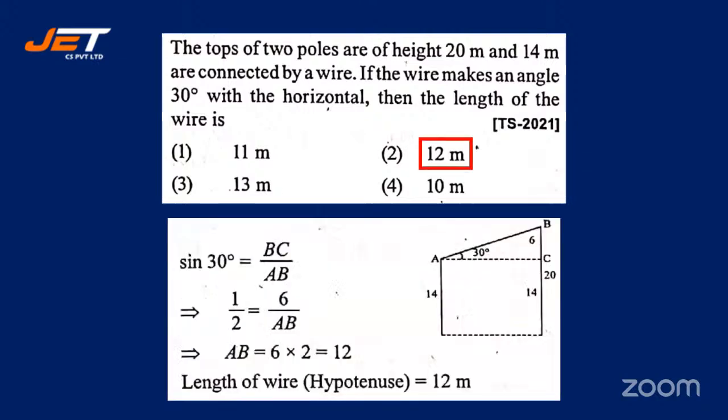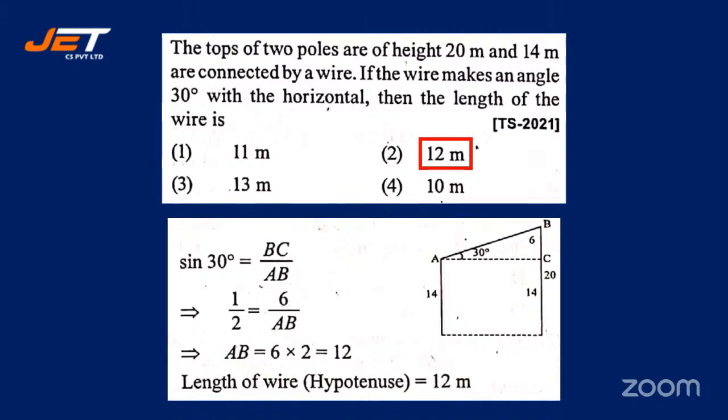You can see the figure: 20 meter on one side, 14 meter on the other side. They are connected by a wire, and you can see the wire is making an angle of 30 degrees with the horizontal.